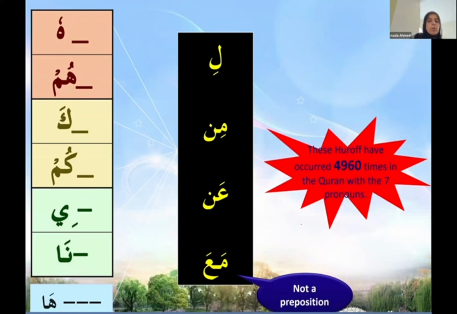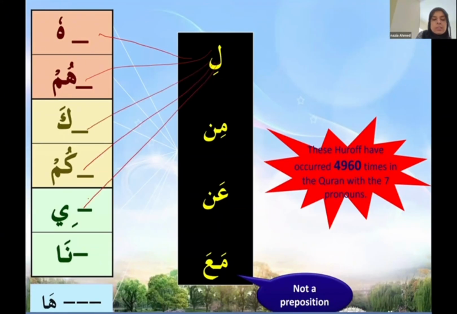letter family. So we have, for example, li. As I told you before, the li changes into la when we attach it with a member of the letter family, so it changes into lahu, lahum, laka, lakum.